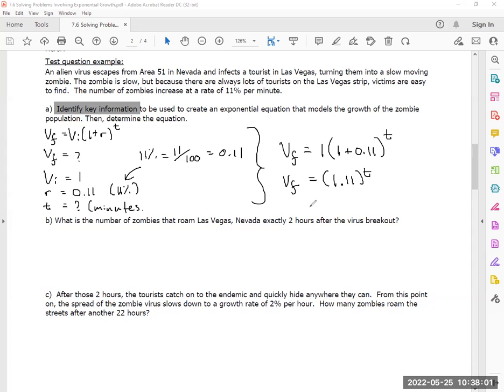And doesn't that look familiar? If you're doing it right, it should look very familiar. It's a function. It's y based on x. It's just that instead of y, we're calling it final value. Instead of x, we're calling it time. That's right.